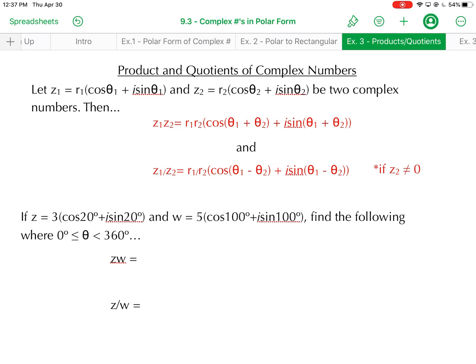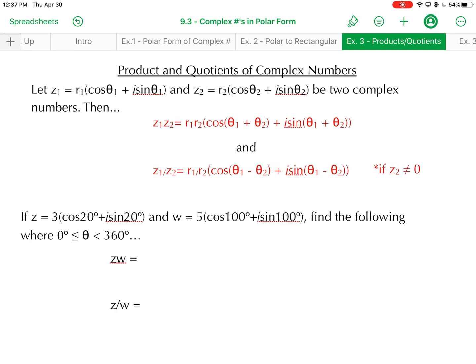Here I have z equals 3 times cosine of 20 plus i sine of 20 degrees, w as 5 times cosine 100 plus i sine of 100. Notice I want to express my product and my quotient so that the angle theta is between 0 and 360 degrees.